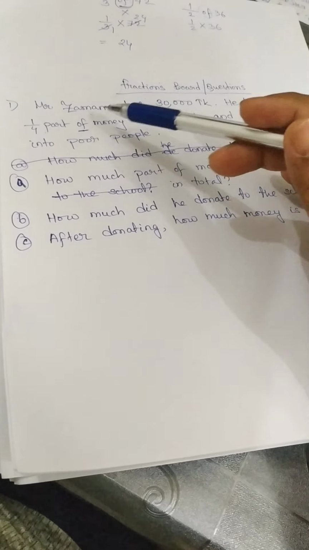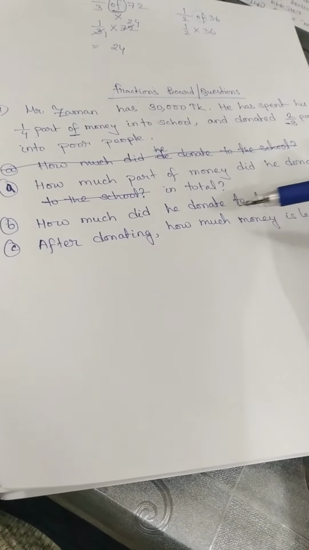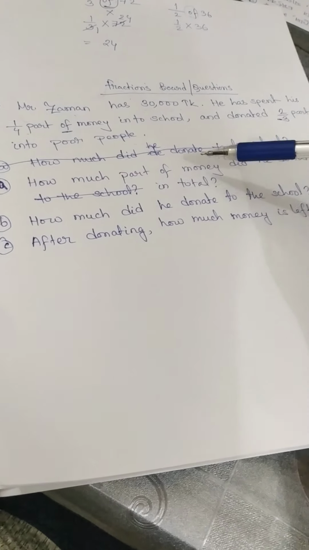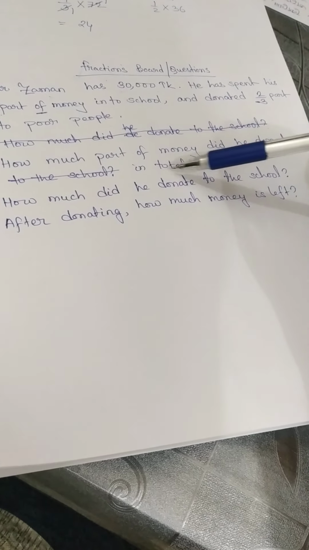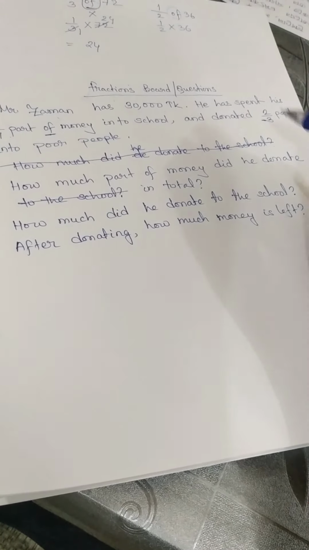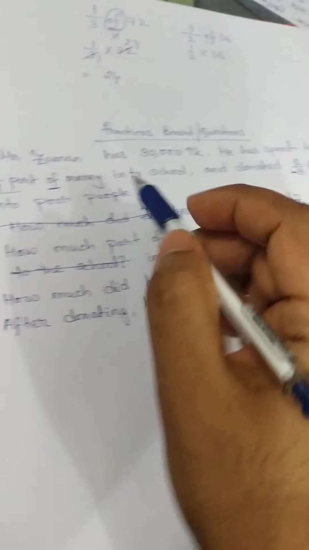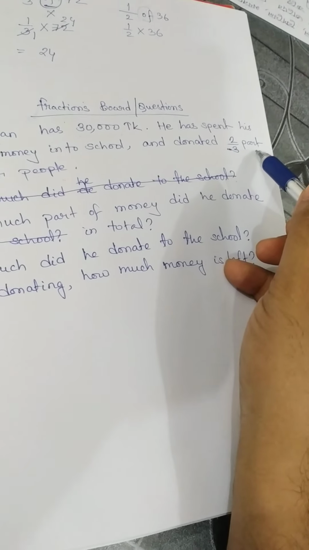This is the stem. Now we have 3 separate questions which you need to solve. How much part of money did he donate in total? So what were the parts that he donated? 1 by 4 part, right, and 2 by 3 part.